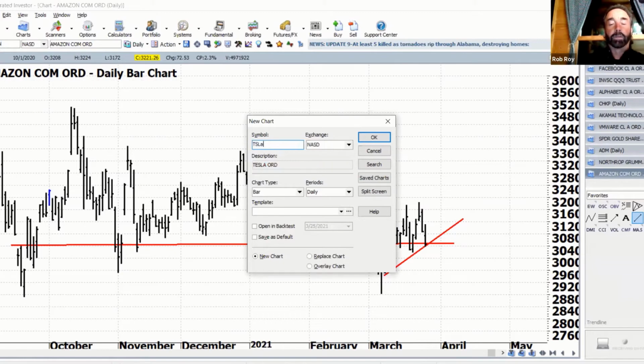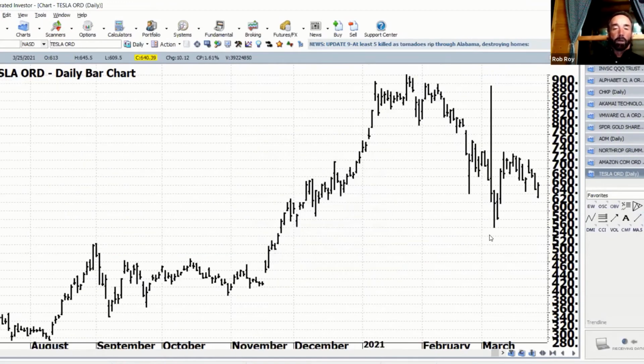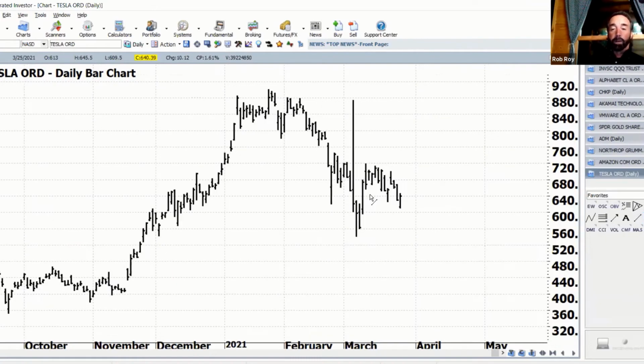Tesla, an awful lot of chatter about Tesla now with all of the competition, etc. The bottom line is it's holding, and we have a call and a put. So quasi strangle here on Tesla, sitting right there at the 640 level. Another one that it tried to break down, reversed back to the upside.